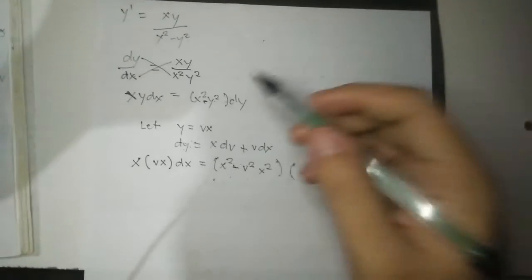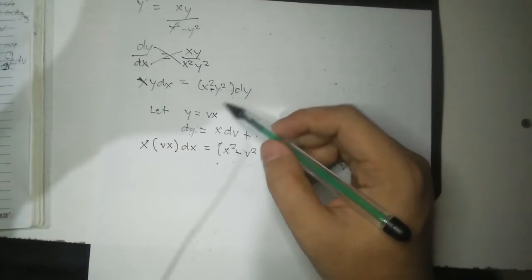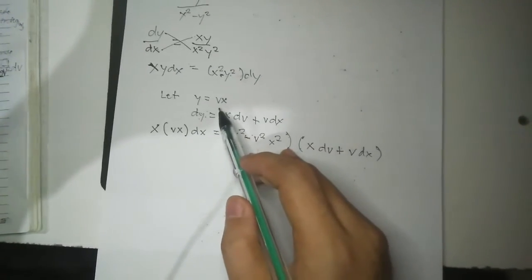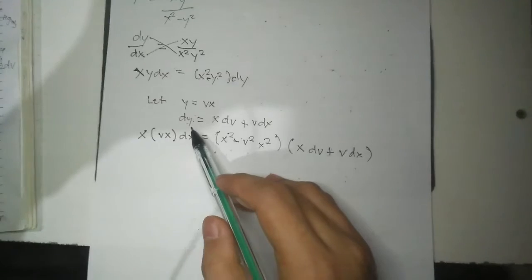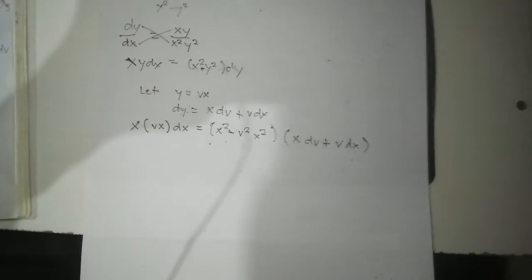So as you can see, it is homogeneous, so we let y equal vx, and then dy is equal to x dv plus v dx.